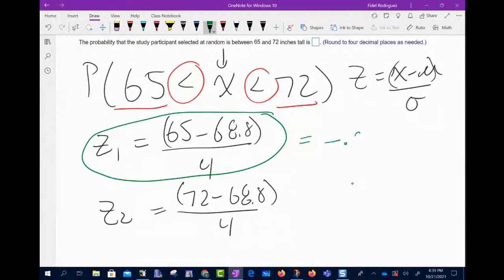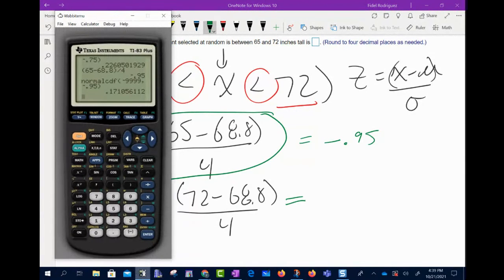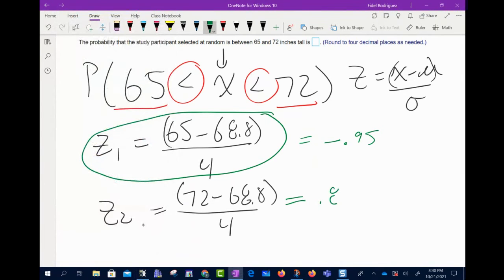So we already know this answer here is a negative 0.95. Let's find this one. So parentheses 72 minus 68.8 divided by 4. And I'm coming up with a positive 0.8.